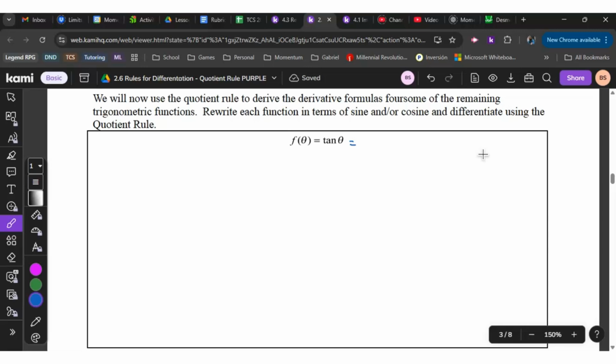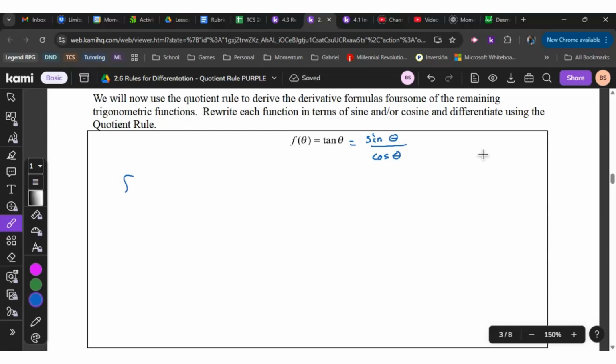Anyway, it's sine over cosine. Sine over cosine.